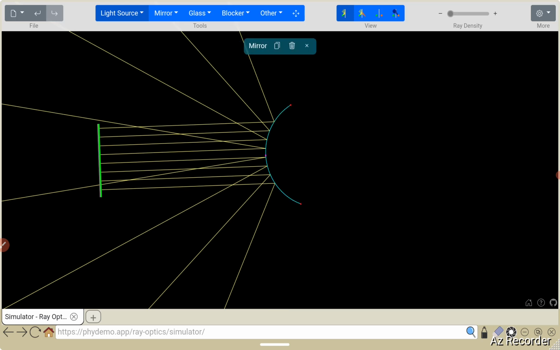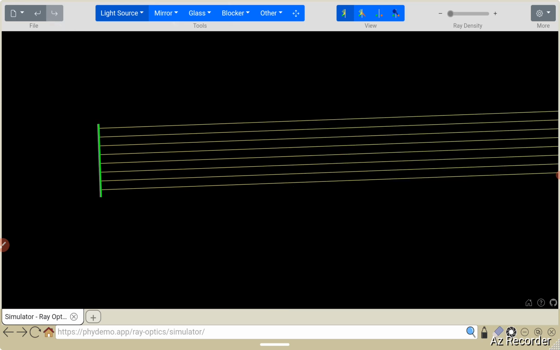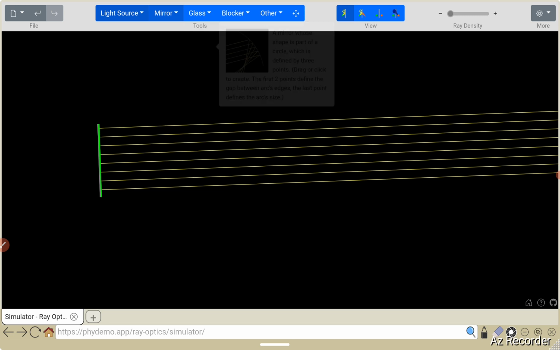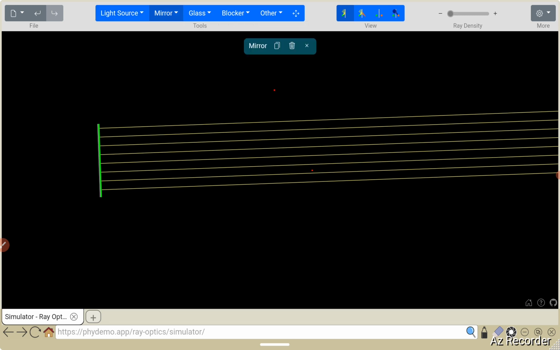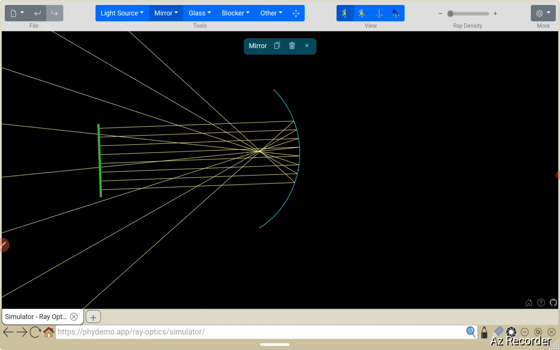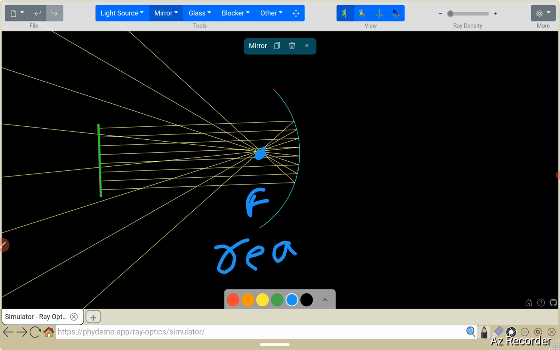Let me take now the concave mirror and observe. They are meeting at one point. So this point of intersection is also called focus. But it is forming due to the real intersection of reflected rays. So this is called real focus.